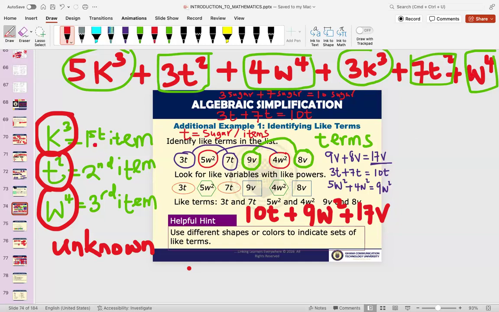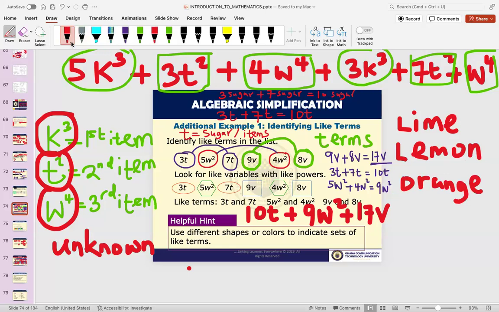So the moment we discover that the first item, which is k cubed, is representing, let's say, a lime, and then t squared is representing probably lemon, and then w to the power 4 is representing maybe orange, then after finding the meaning of our expression, it means this long expression is a combination of lime plus lemon plus orange.